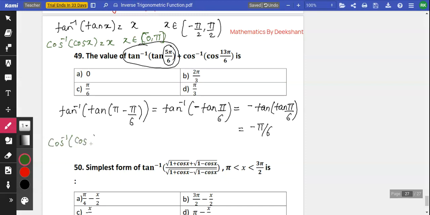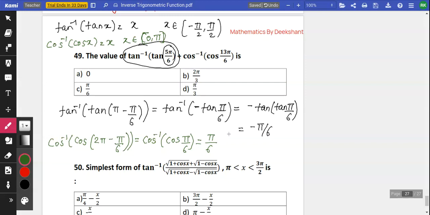So 13 pi by 6 can be written as 2 pi plus pi by 6, and cos of 2 pi minus pi by 6 is cos pi by 6, because cos of 2 pi minus theta is equal to cos theta. So after solving this, it will become pi by 6, because now pi by 6 is lying in the range of 0 to pi.